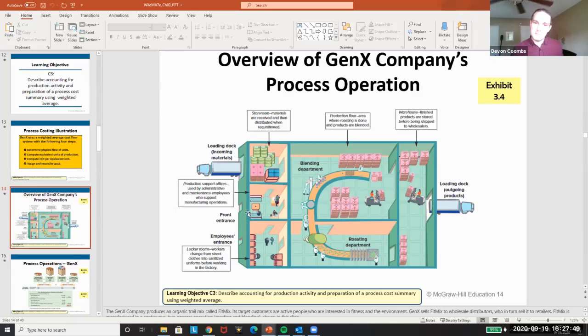You'll see the managers who have a door for the warehousing managers, and maybe the cost accountant who is either here or in the center, and then you'll have a giant area of just production sorted by department, and then a storeroom where it all comes in, and when it all finishes, it goes into a warehouse where it's all inventoried and then shipped out. So this is actually a good illustration of what it would look like in real life. And as an auditor, if you go into financial accounting, you actually get to audit those warehouses and count to make sure that these departments are all being allocated correctly.